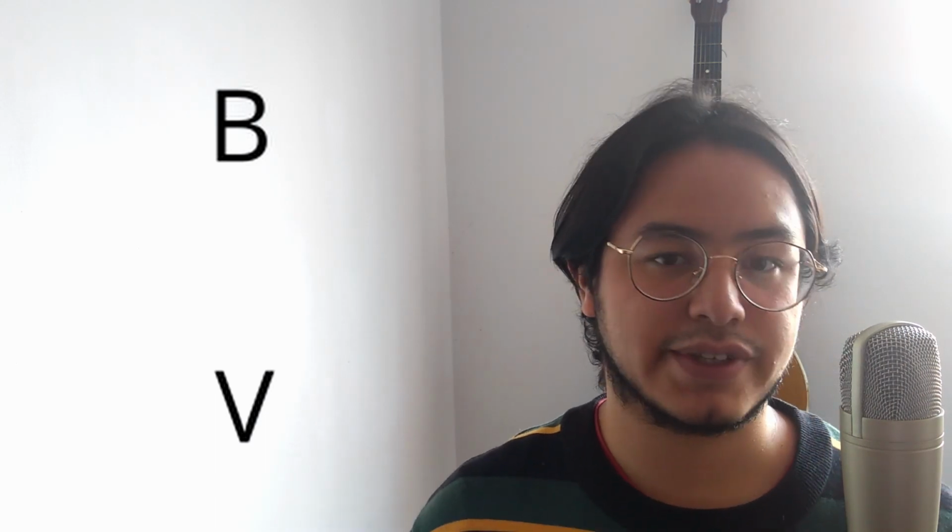And in Spanish, we have the letter B and the letter V, but there are some differences when you speak to a person from Spain and when you speak to a person in Colombia, which is my country. In Spain, there are differences between these letters.